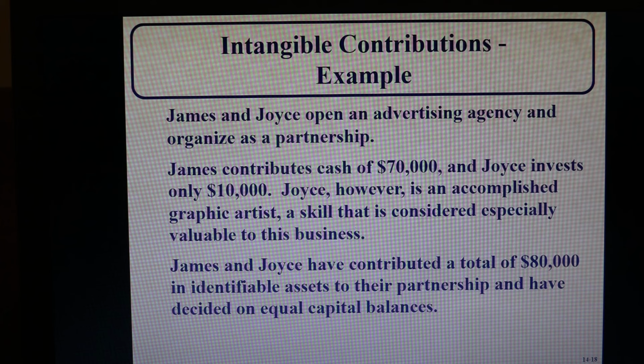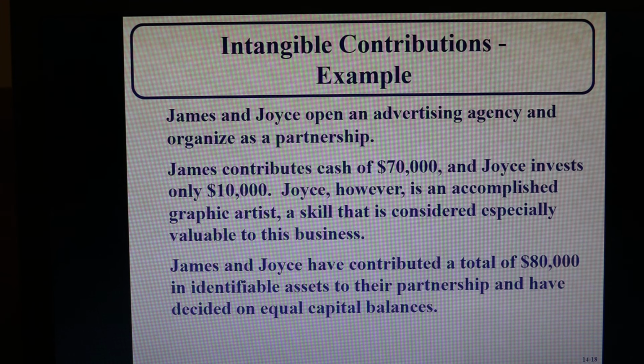James and Joyce have contributed a total of $80,000 in identifiable assets and have decided on equal capital balances. So how would we handle this when only $80,000 of identifiable tangible assets have been contributed?